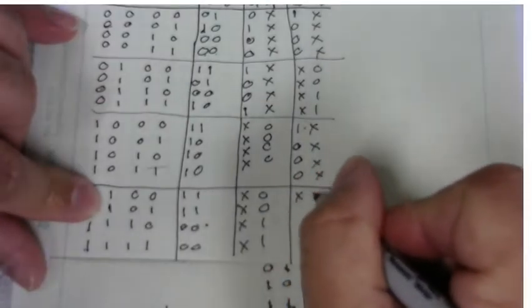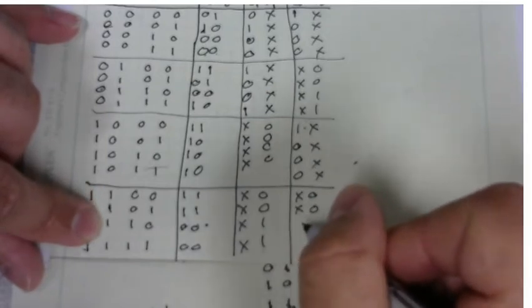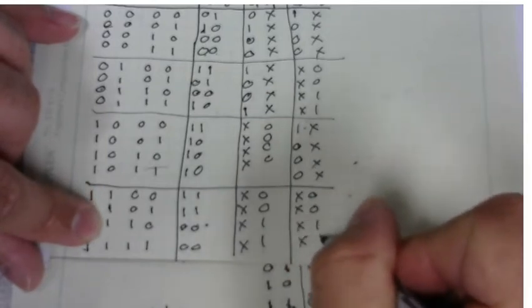And then the last 4. This is not a terribly exciting video to watch, I'm sure, but it's even more fun when you do it yourself. So let's see. We have 1 to 1, so it's x0, x0, 1 to 0 is x1, x1.